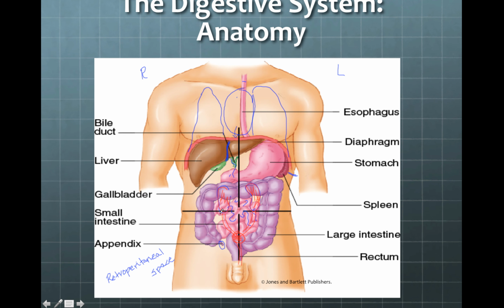So learning what organs are in the 4 quadrants is important. Now there's another organ that we have not mentioned, and I want to see if I can get that drawn in there. You also have your pancreas.